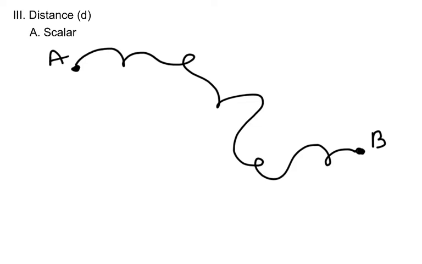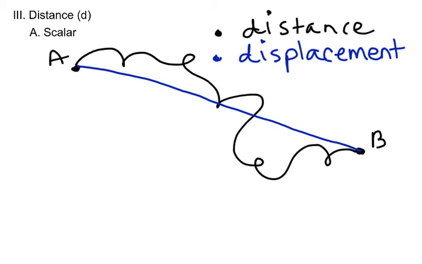And the displacement would only be a measurement in blue between points A and B. So the distance value, which considers the whole squiggly path, is in black, and the displacement is in blue. Distance is a scalar quantity. I'm not interested in direction. And displacement is a vector quantity where my answer not only considers the change in position, but also the direction.